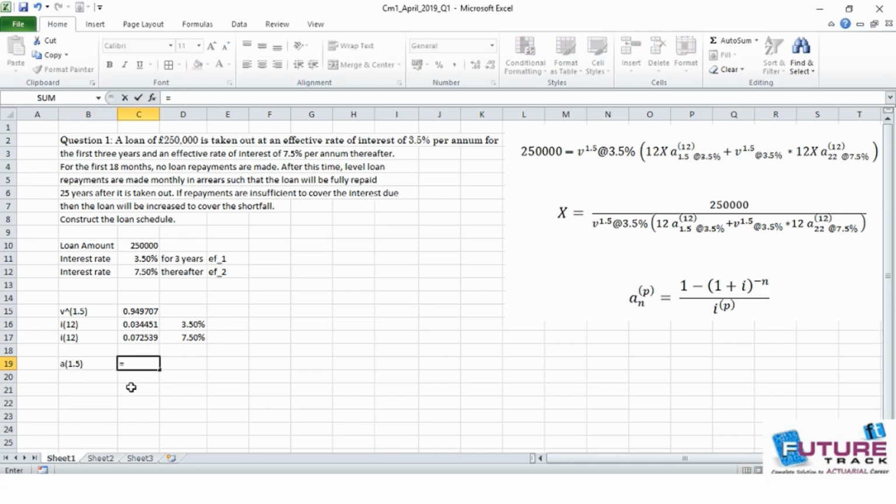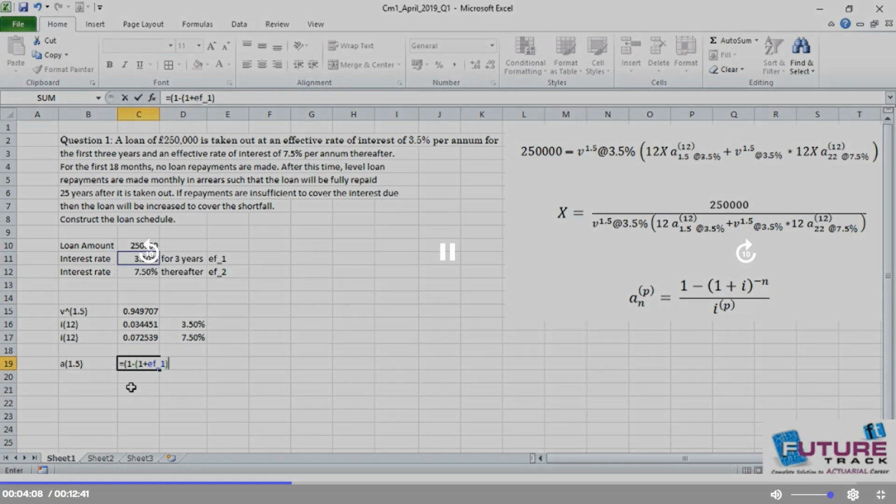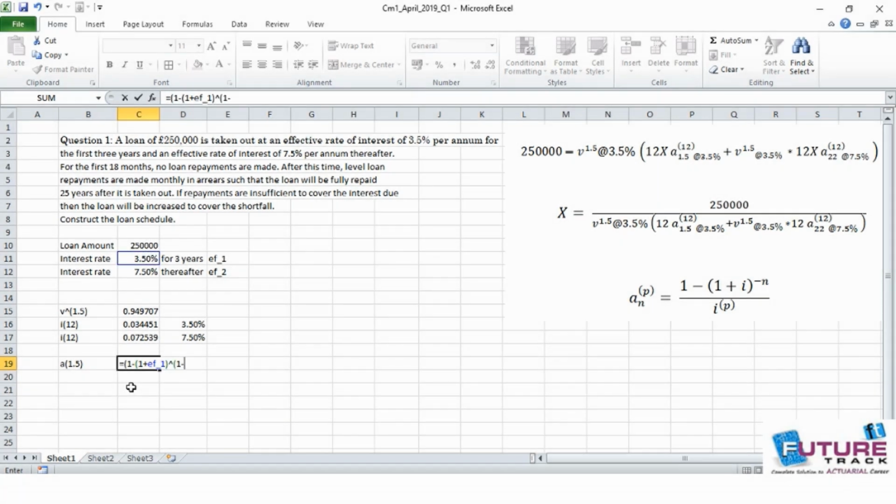The formula is: 1 minus (1 plus first effective rate of interest) raised to power minus 1.5, bracket close; this is my numerator, divided by I12. Fine.